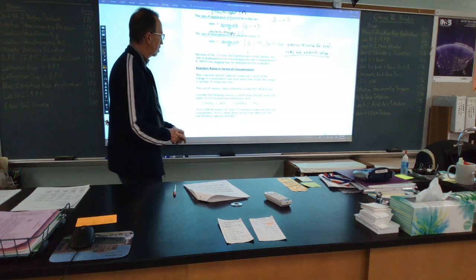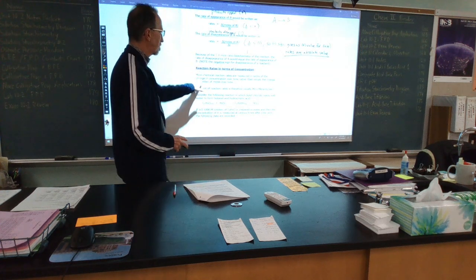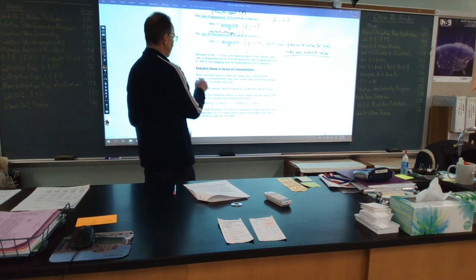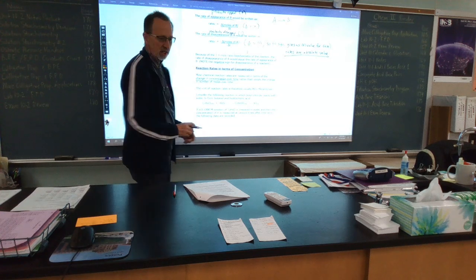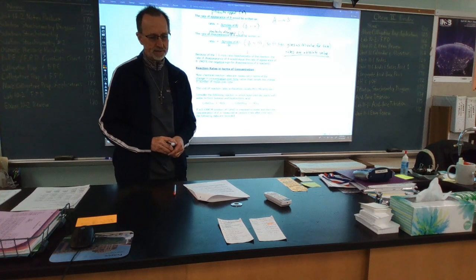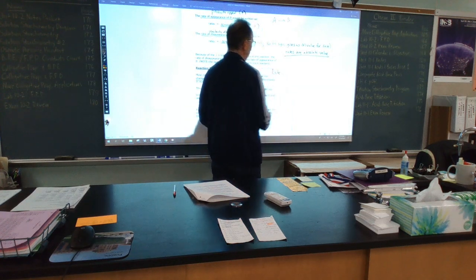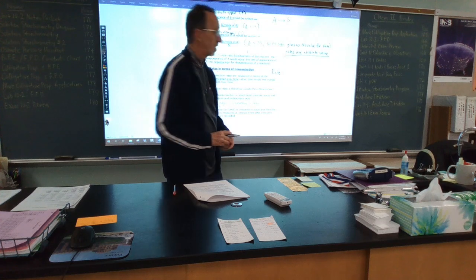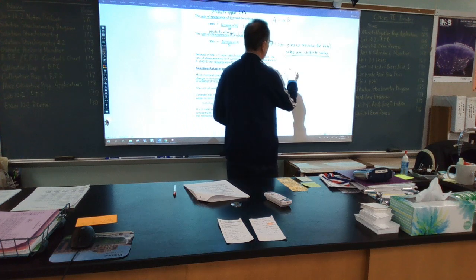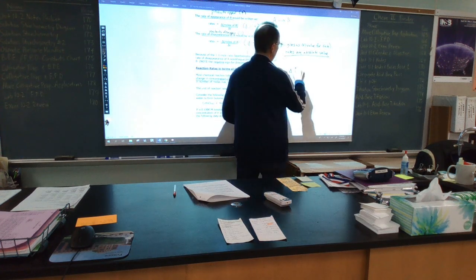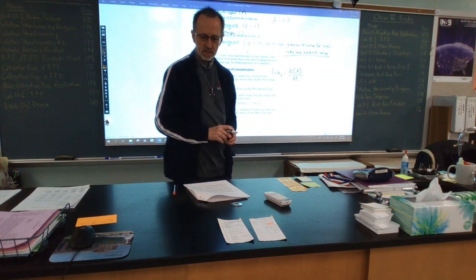So, reaction rates in terms of concentration. Most chemical reaction rates are measured in terms of the change in concentration divided by the change in time. So the rate of appearance would be equal to the change in concentration over the change in time.